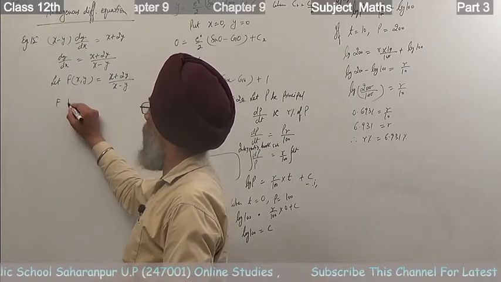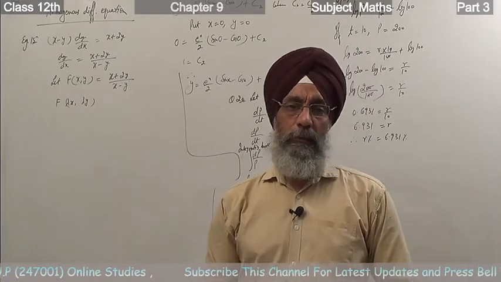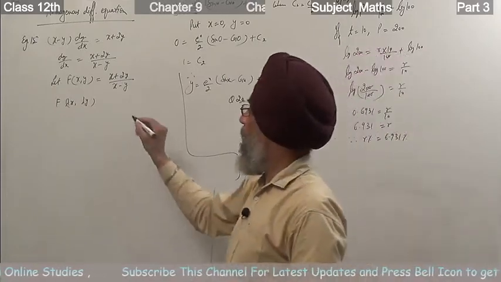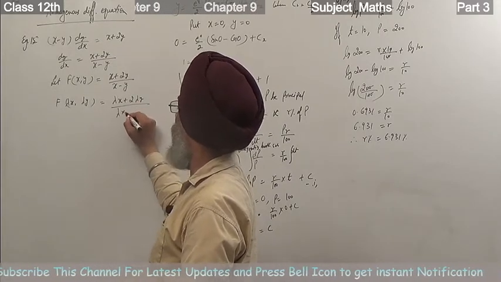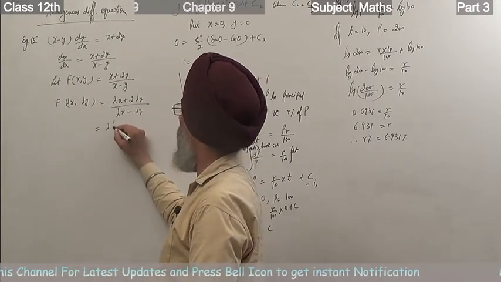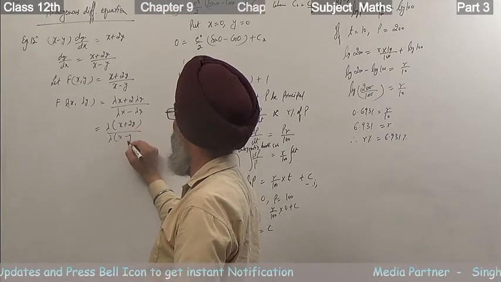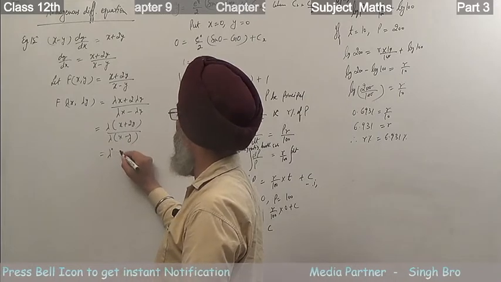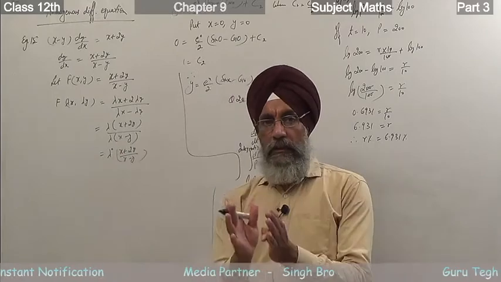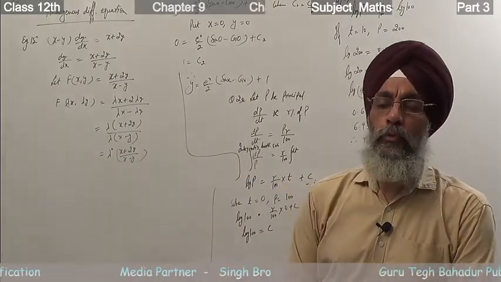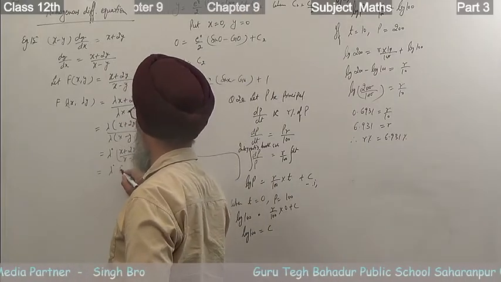If we take f(λx, λy), where λ is any constant, replacing x by λx and y by λy, it becomes (λx plus 2λy)/(λx minus λy). Taking λ as common, λ(x plus 2y)/λ(x minus y), which is λ to the power 0. It means that the degree is 0 here, and if the degree is 0, it is a homogeneous differential equation. Therefore, f(λx, λy) equals λ⁰ f(x,y).